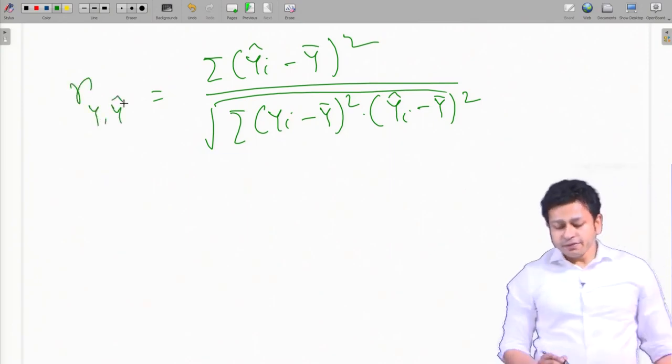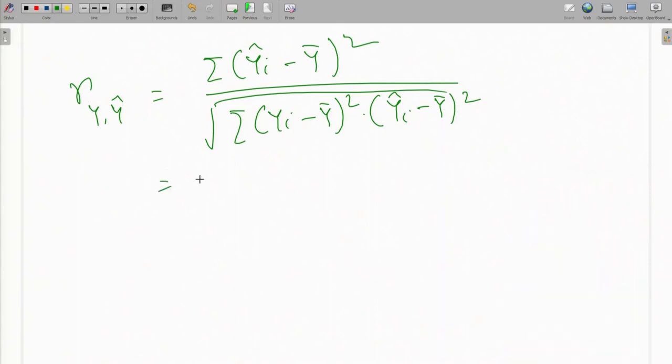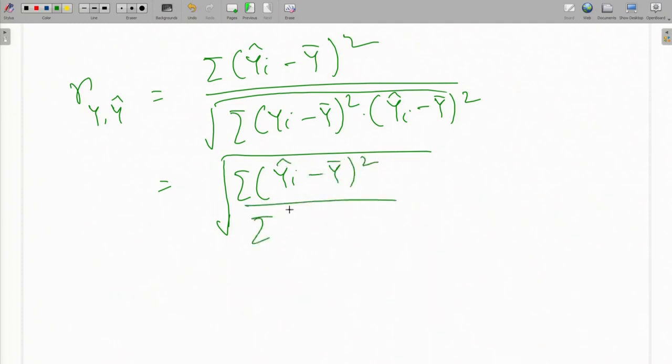Okay. Now, if I do the further cancelling out between numerator and denominator, what I will be left with is a big square root of summation of (yi hat minus y bar) square by summation of (yi minus y bar) square. Okay, so that is what we will have.